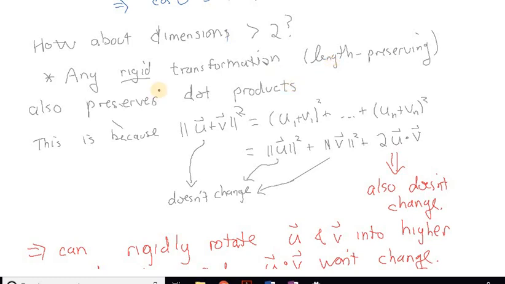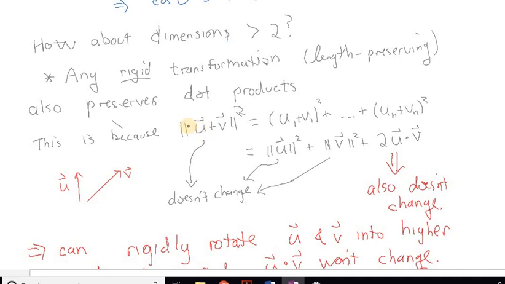So why is it true that a rigid transformation preserves dot products? Well, if I take my 2 vectors u and v, and I form a frame from them so that the lengths don't move, that means also the length between the 2 tips can't move either. So if I have u here, and I have v here, then this length from here to here also can't change.